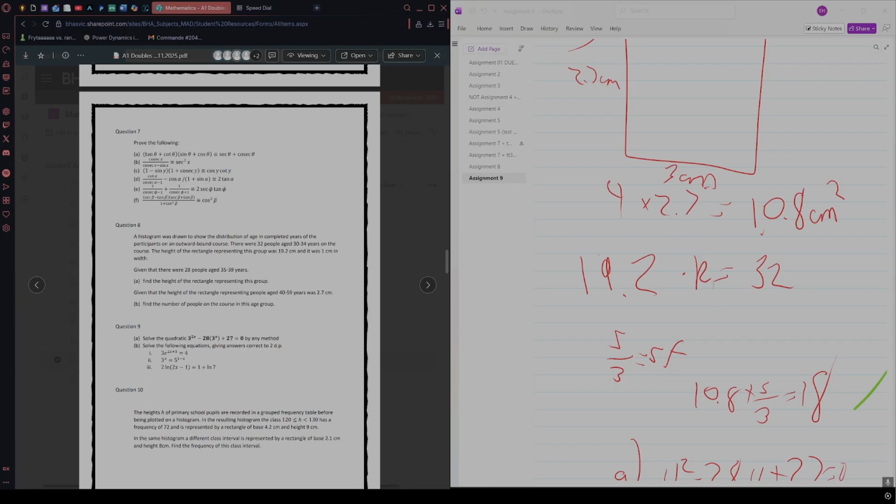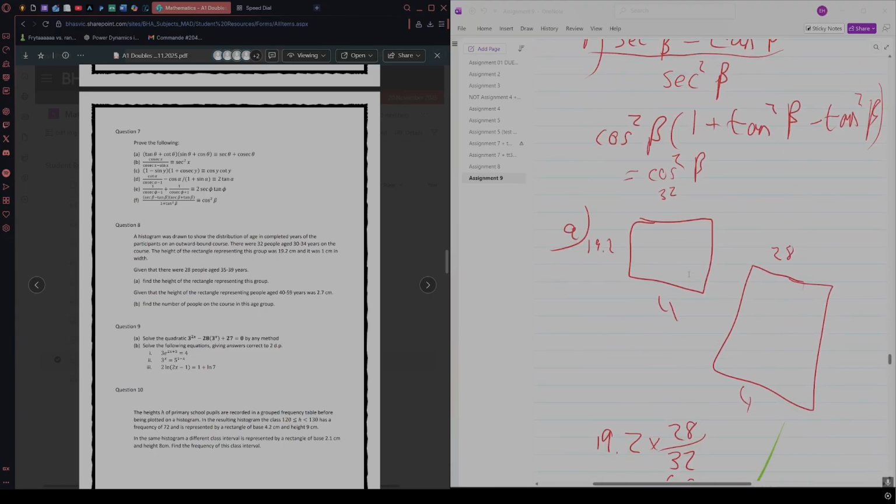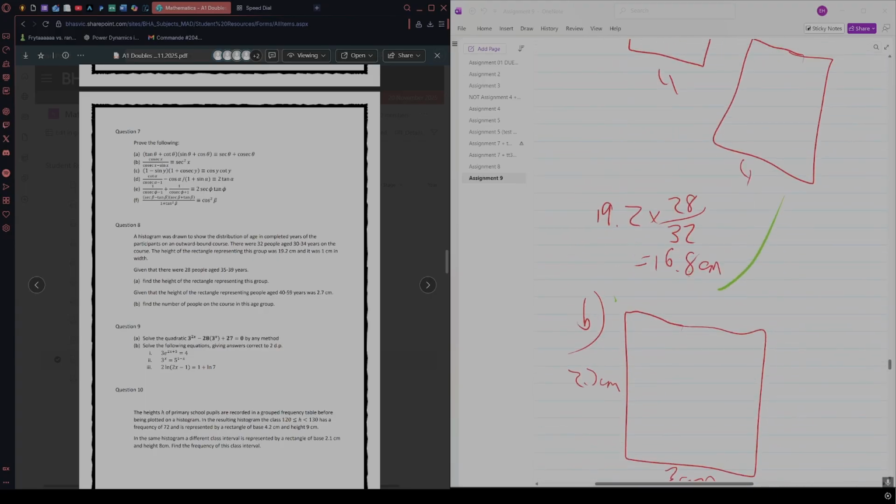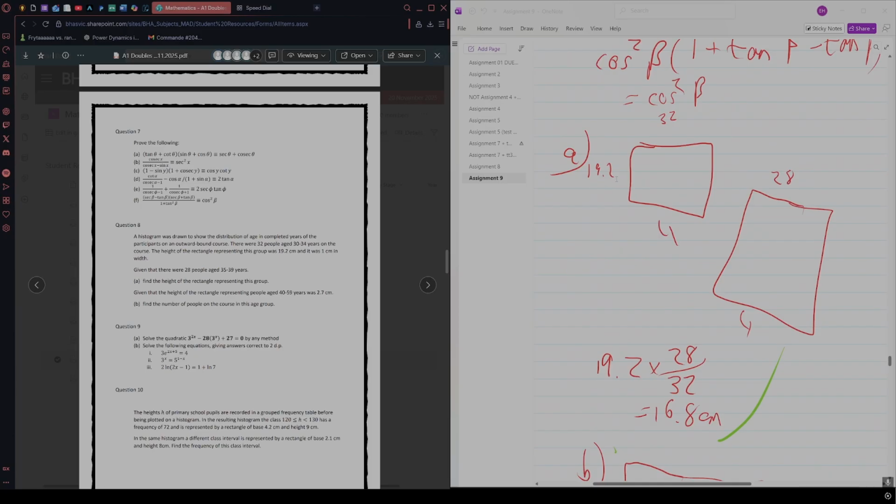All right, let me re-explain what I figured out now. We know that this is 19.2 by 1, because this is 4 in frequency, but it's 1 in length, because 5 years, this is 5, turns into 1 centimeter. This is 19.2 centimeters by 1 centimeter, therefore it's 19.2 centimeters squared.